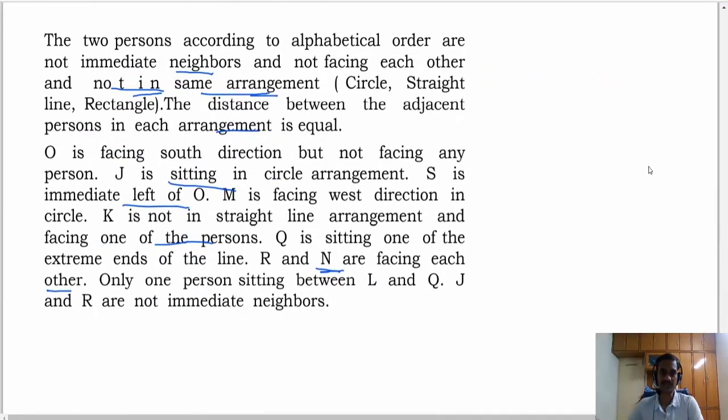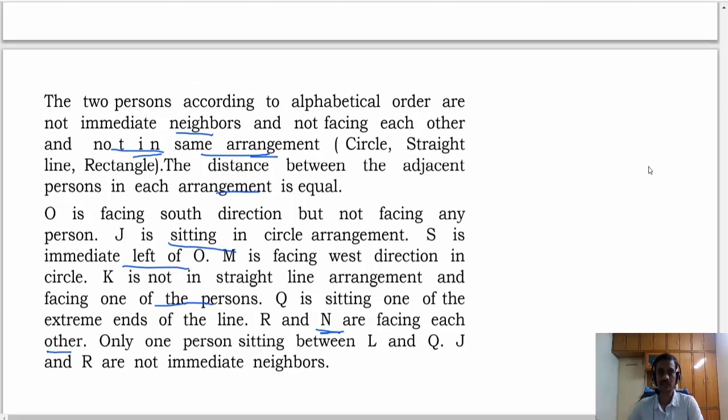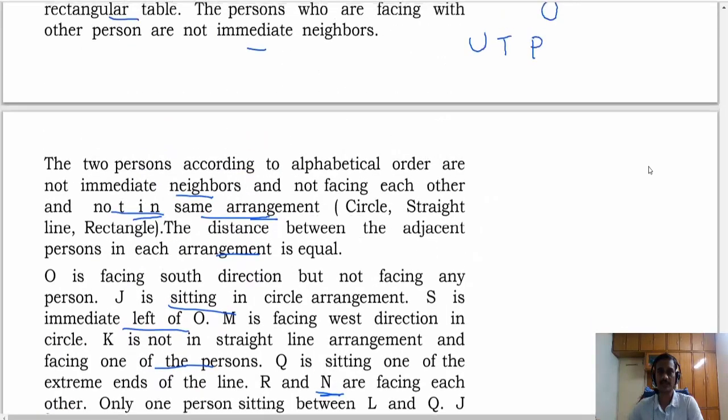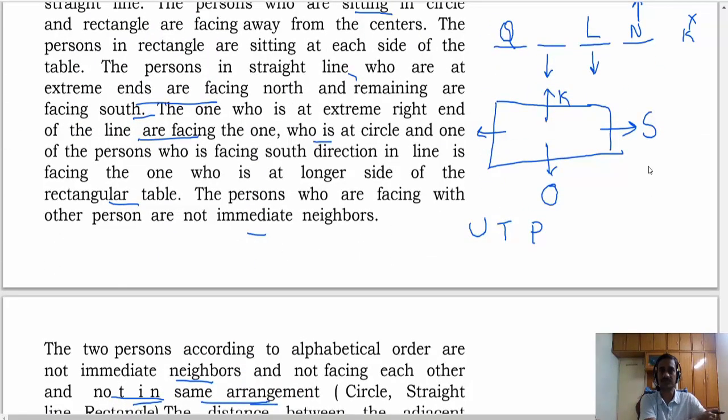R and N are facing each other. One person between L and Q. J and R are not immediate neighbors. O is facing south direction but not facing any person. J is in the circle. S is to the immediate left. M is facing west. K is not in the straight line and facing one of the persons. Okay, and K is one of the persons.